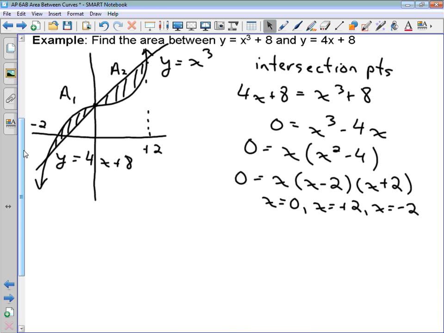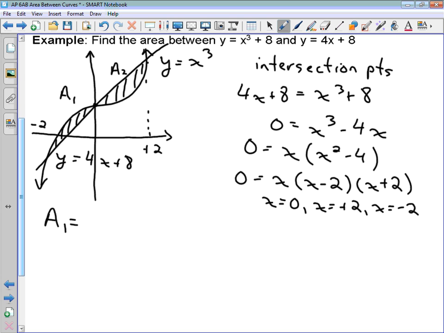For our first area, A1 is the portion on the left-hand side of the y-axis.